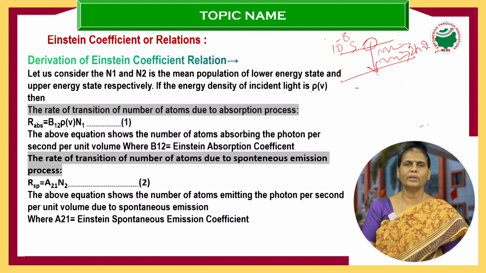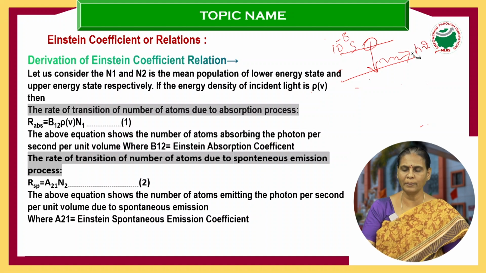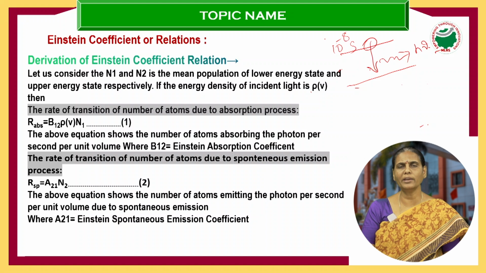They also undergo the de-excitation process. But here, the number of photons emitted is only one. Why? Because it has taken energy and jumped to the higher energy state, and in the de-excitation process it is not using any external source of energy. Once it completes the lifetime, it returns back to the lower energy state. So there is emission of one photon only. That process we have named the spontaneous emission process.